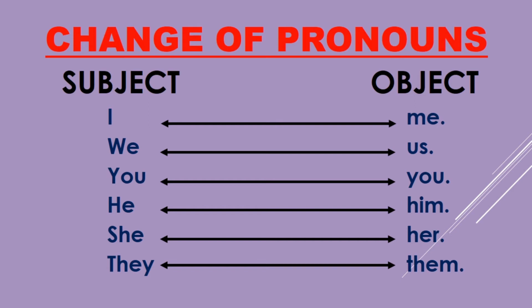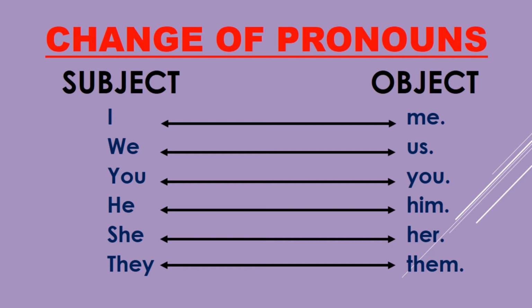Like in present tense, we have simple present tense, present continuous tense, present perfect tense, and finally present perfect continuous tense. So we shall get such four forms also in the past tense and in the future tense. So in total, we have as many as 12 tenses, beginning with the simple present tense and ending with the future perfect continuous tense.